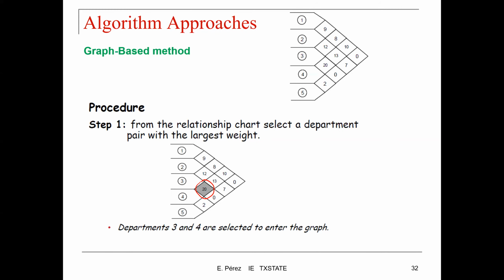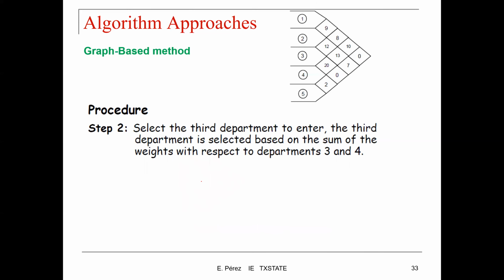So those are selected to enter the graph. In step 2, we select the third department to enter. The third department is selected based on the sum of the weights with respect to departments 3 and 4.